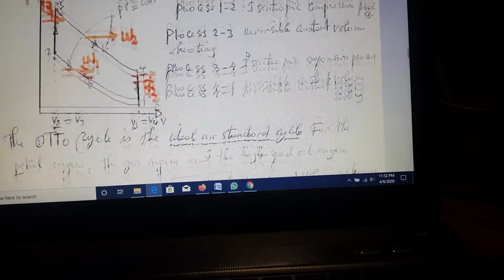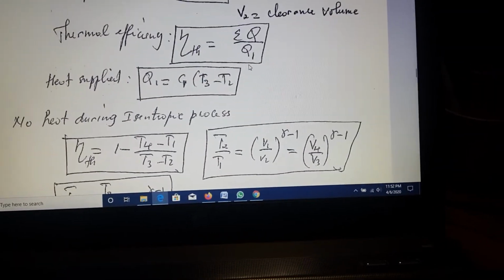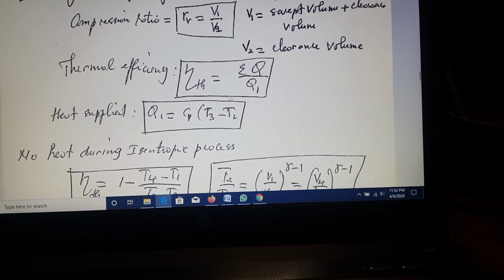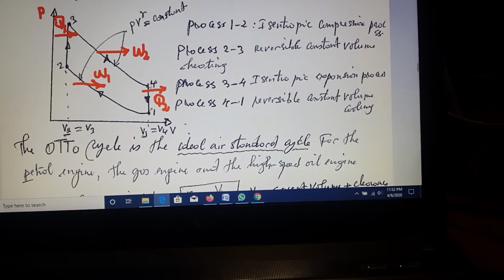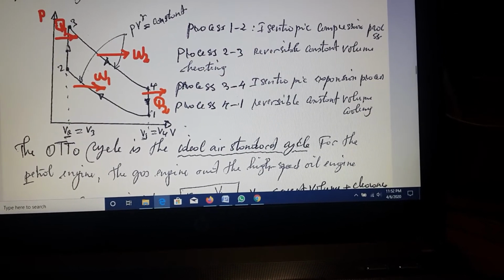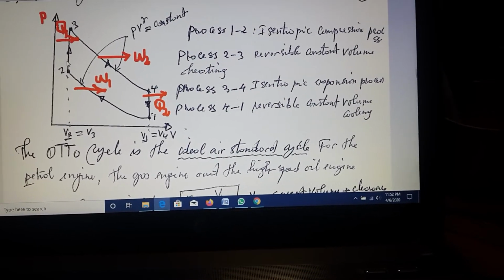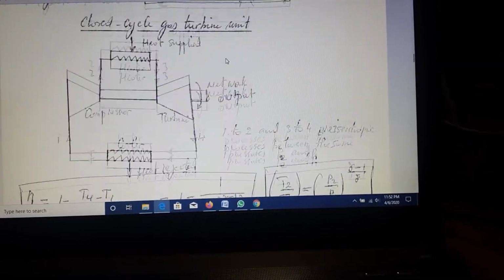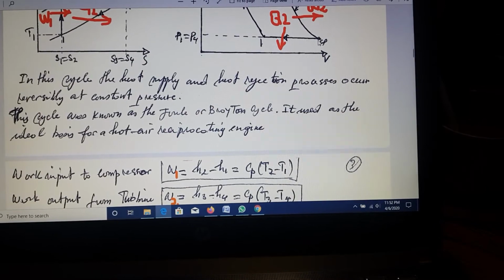The form of the formula remains the same, but the only difference is that here the volume is constant, because here it is vertical and here it is horizontal.